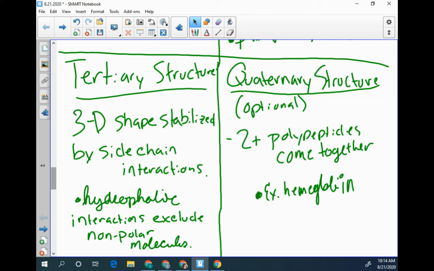An example of this is hemoglobin. So hemoglobin has 2 subparts, alpha hemoglobin and beta hemoglobin. So each portion, alpha globin and beta globin, is its own protein, and those proteins come together to form one giant hemoglobin molecule.